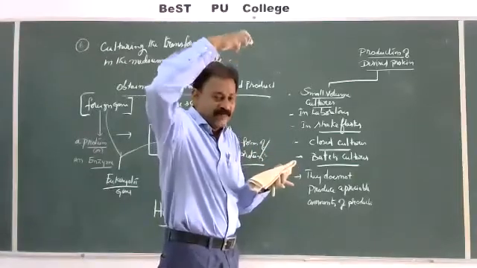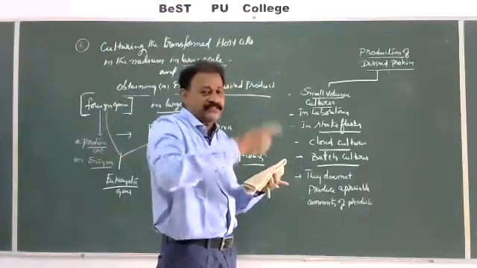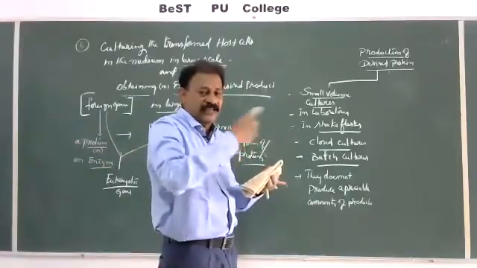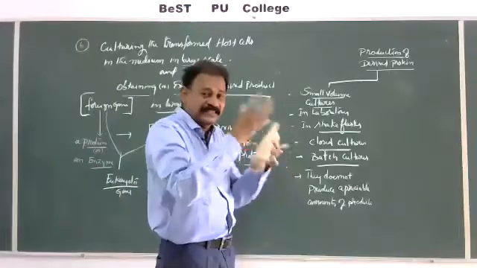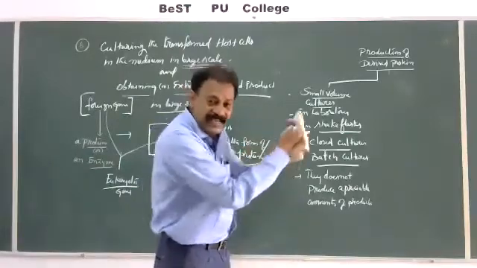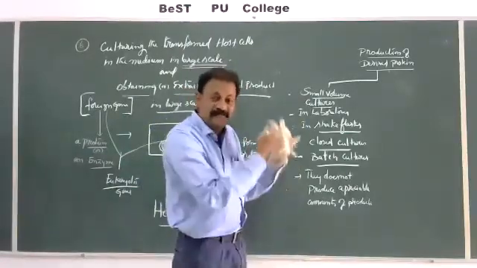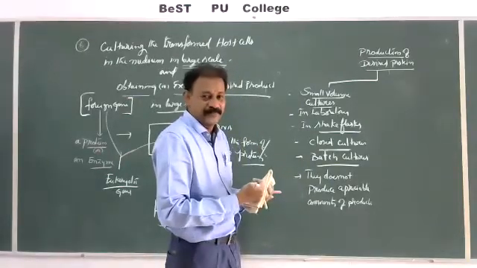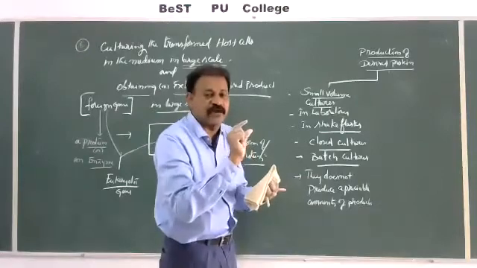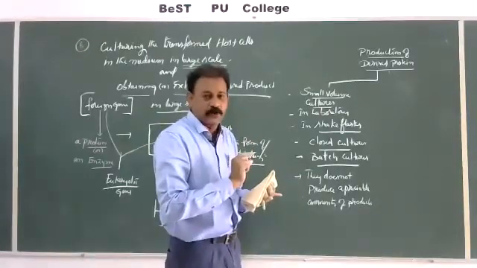Once the raw materials are dropped, the process of growth or fermentation will be completed. Once it is completed, the extract will be collected in the form of a batch, first batch culture. So this much small amount of protein can be produced.